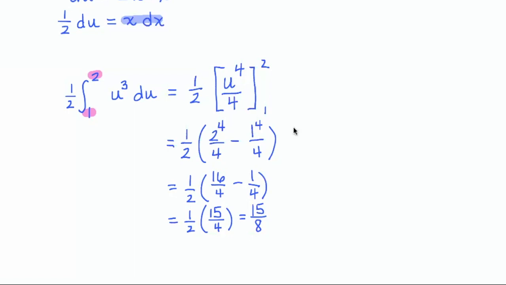Okay, so here's the remaining work. Your answer should be 15 over 8. And again, you can use a calculator to help you through the fractions and the exponents. I like doing it by hand, but either way is fine.